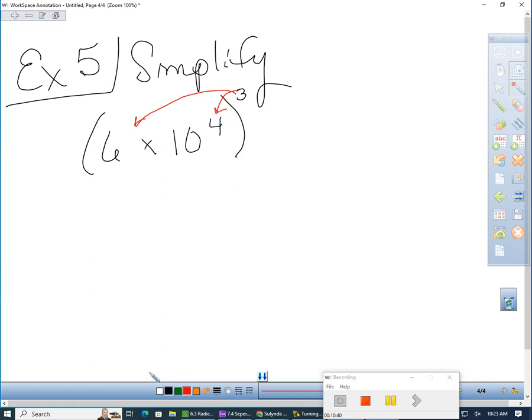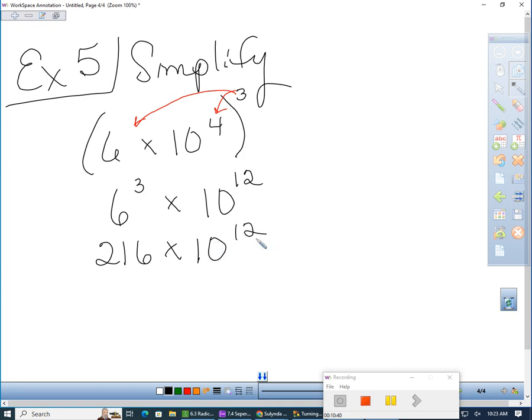So really I have 6 to the 3rd times, keep my base at 10, and what do I do with my exponents? Multiply them, so we get 12. So now I need to know, what is 6 to the 3rd power? 216 times 10 to the 12th.